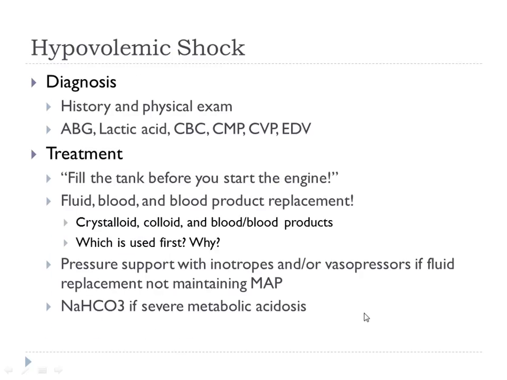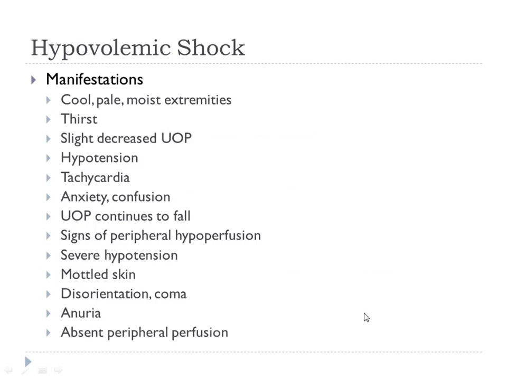So, let's see. Let's go through these manifestations. There's a lot of them, but I think that you can figure most of them out, why these manifestations happen with hypovolemic shock. Lots of them come about because of the signs of decreased cardiac output. Lots of them come about because of the signs of decreased volume. So, cold, pale, moist extremities. What's happening here?